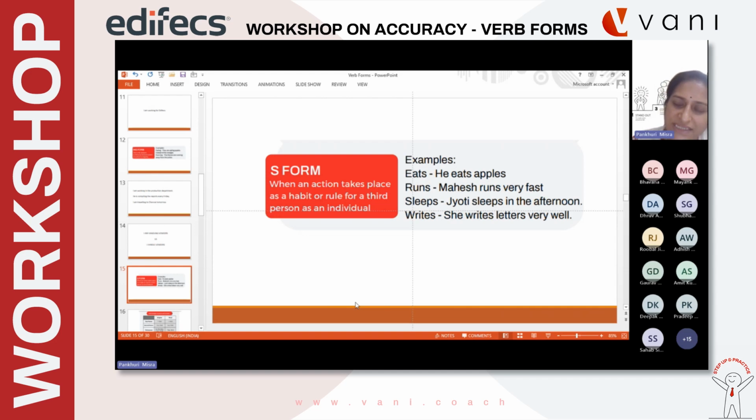And third person is somebody we are talking about. Suppose we are talking about Virat Kohli, so Virat Kohli becomes the third person. Or if we are talking about a group of things or a group of people or a group of friends, then they become the third person. So we have clarity about first, second, and third person.